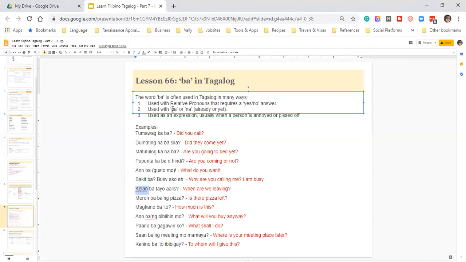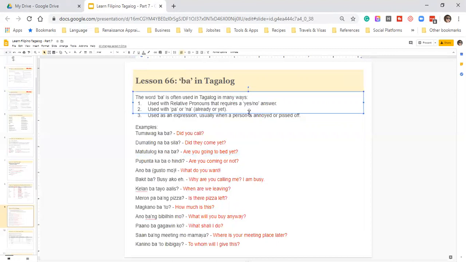And then the second use here is we use it with pa or na, which means already or yet. Whenever you use ba in a sentence, most of the time it's with the na. Okay? Na ba? Na ba? It means yet. Or na means already. Pa is yet. And then we use that as an expression.